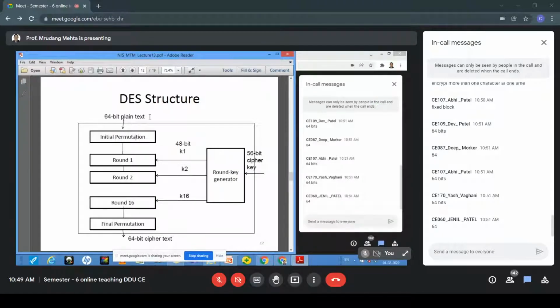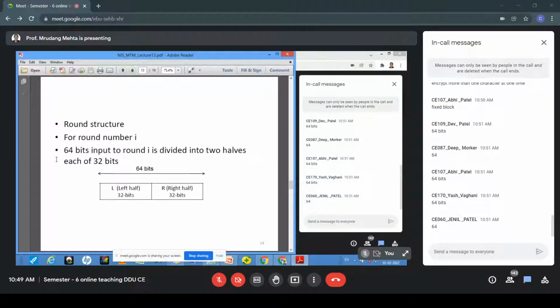Naturally, because this is 64-bit and this is 48-bit, if we want to perform some operation for a round, we have to make certain modifications. And those modifications we saw in the subsequent slides.